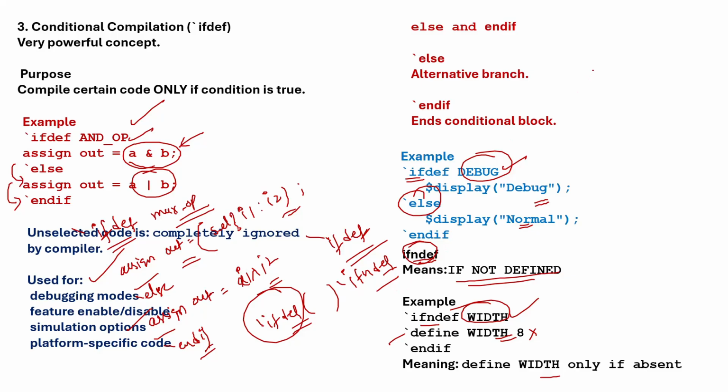Suppose some `ifdef is defined, and I'm utilizing a condition like an AND operation of a and b. I'm using these a and b with some widths: a is width-1 down to 0, and b is also width-1 down to 0.